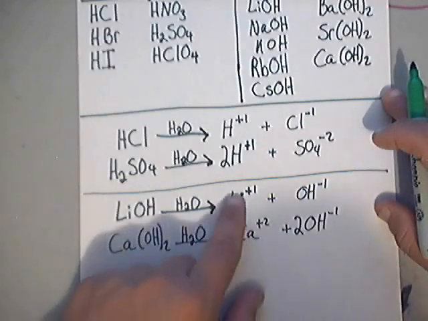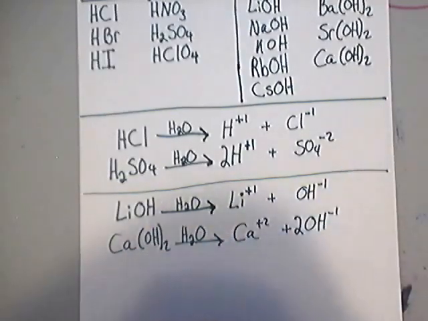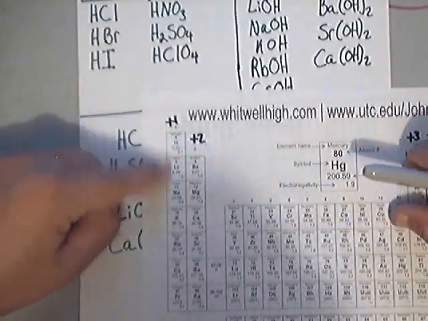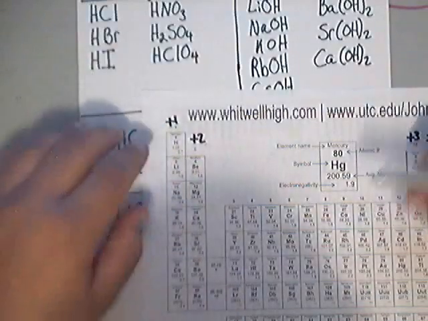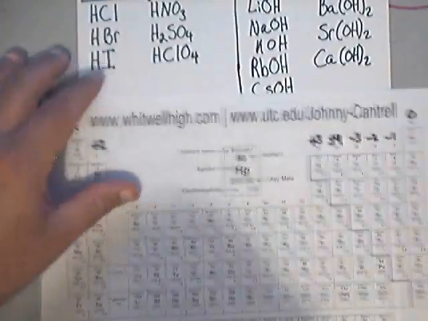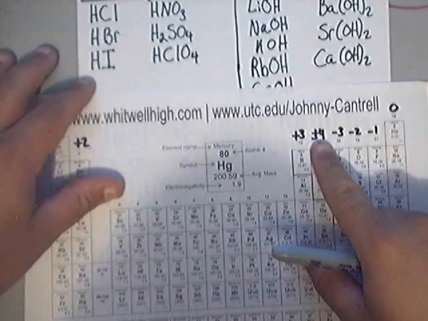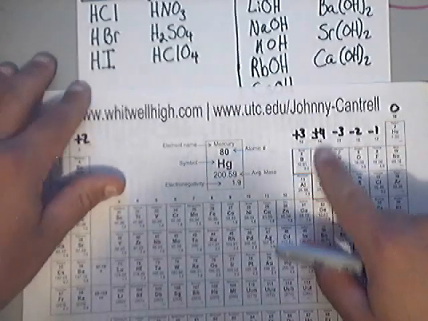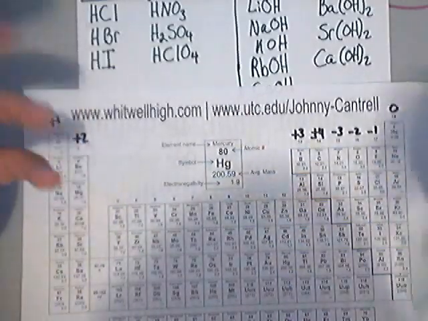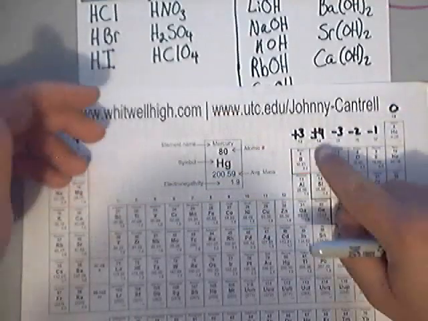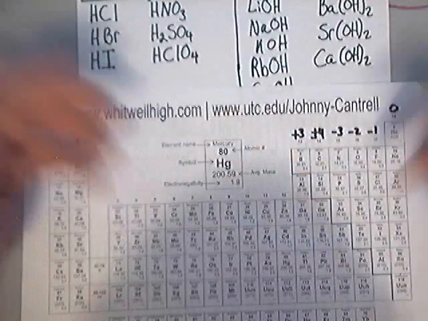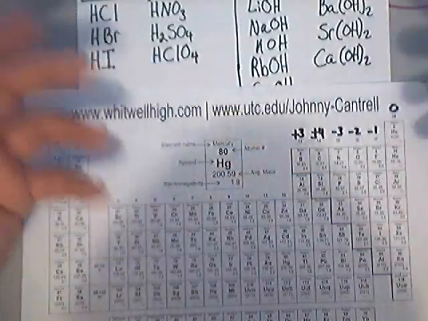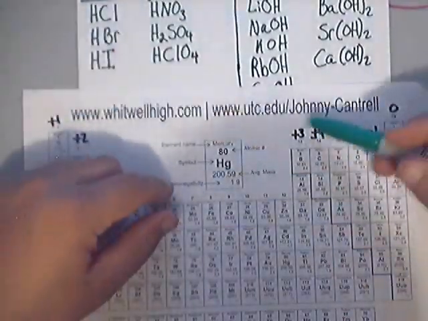If you don't remember where these charges are coming from, just look back at your periodic table. You'll see that anything in column 1 is a plus 1 charge, and anything in column 2 is a plus 2 charge, if it were to form ions. I did the plus and minus 4 on this column because I like showing everyone the transition, since people constantly ask why it all of a sudden becomes negative.